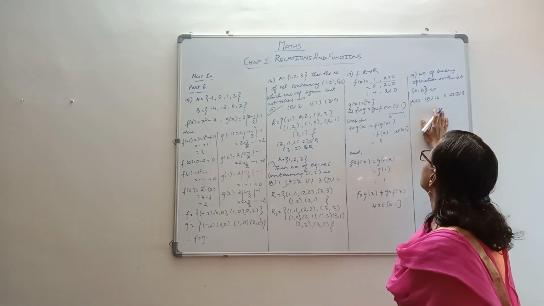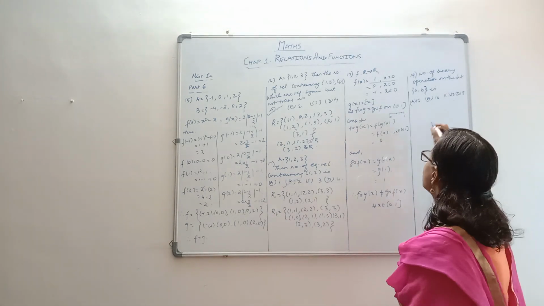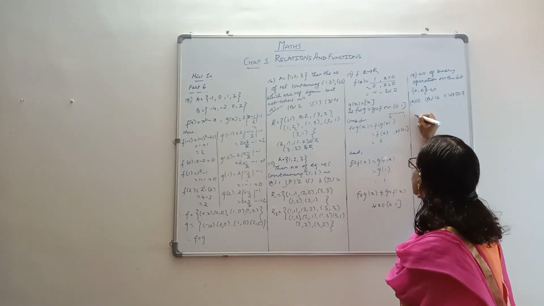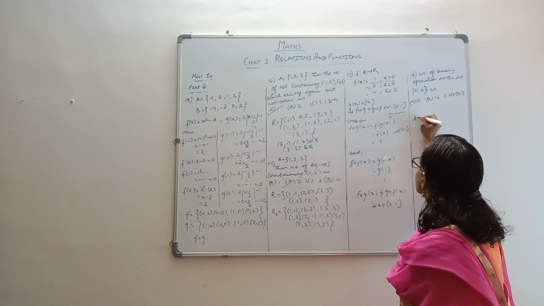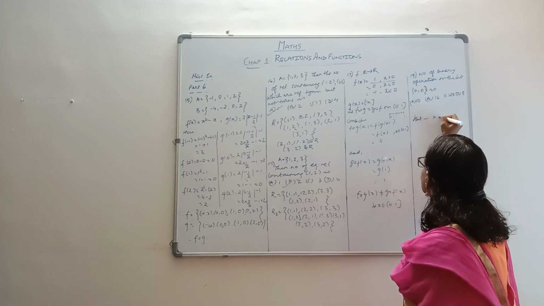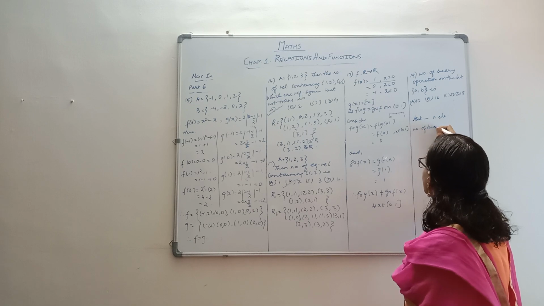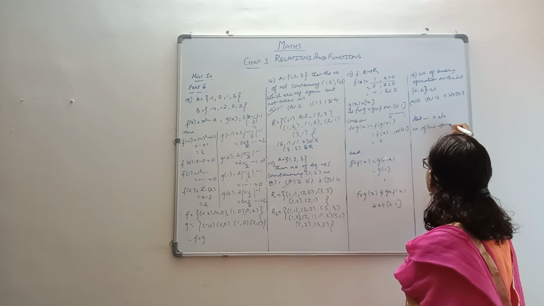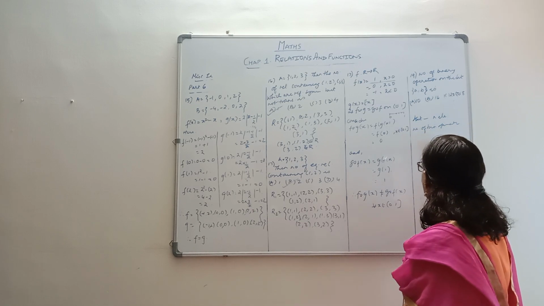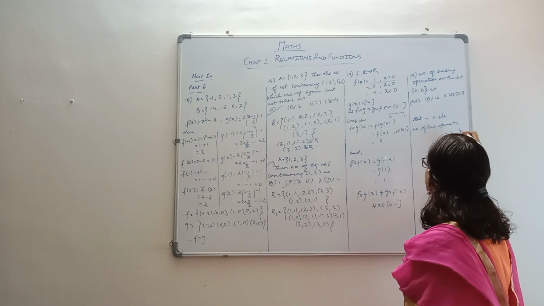Now this is quite a technical problem: the number of binary operations on the set {a, b}. If you have a set consisting of n elements, the number of binary operations, by definition, is n raised to n squared.